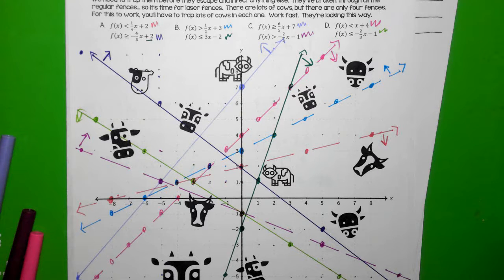We can only use 4. And we've got to get as many cows as possible. We can only create 4 pens.